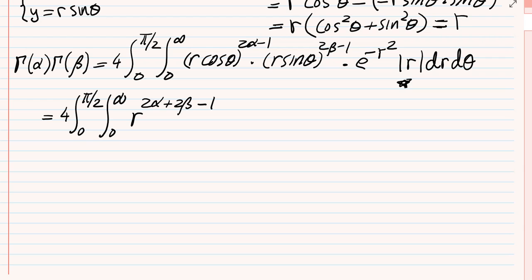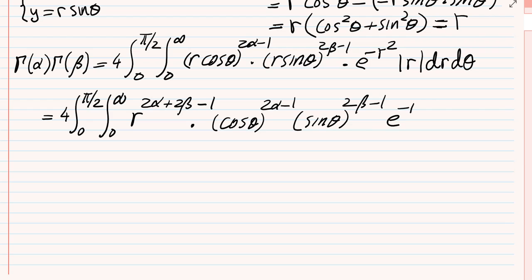Now on the trig parts, we have cosine theta to the power of 2 alpha minus 1, and sine theta to the power of 2 beta minus 1, times e to the negative r squared, and then dr d theta.